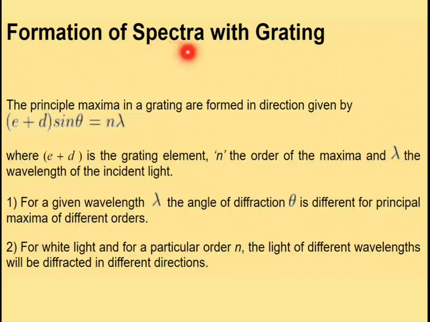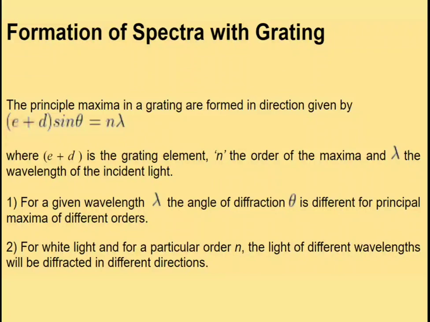In the previous session, we already discussed how the Fraunhofer diffraction due to N slits, also named a grating, works. Based on that concept, this is the formula we derived. The equation for principal maxima formed in a grating in the direction theta is given by (e plus d) sin theta equals n lambda.